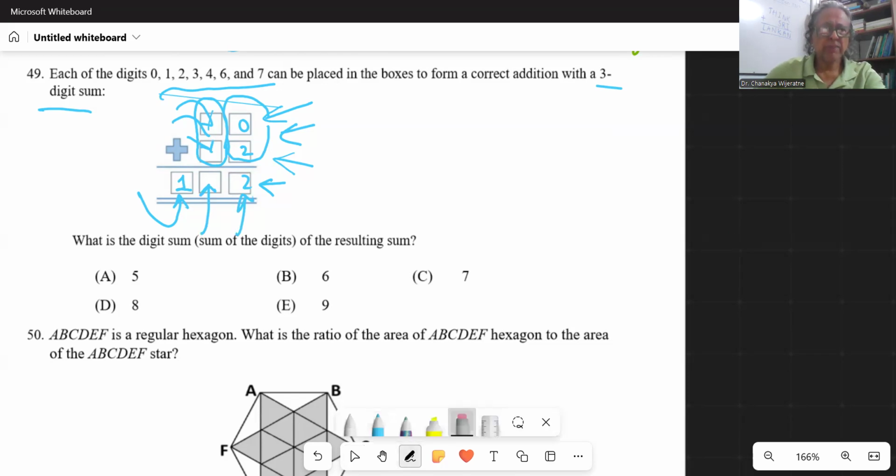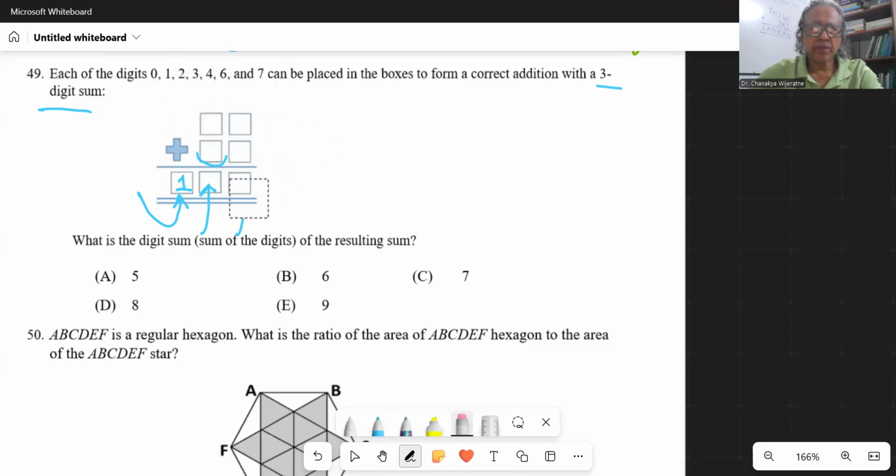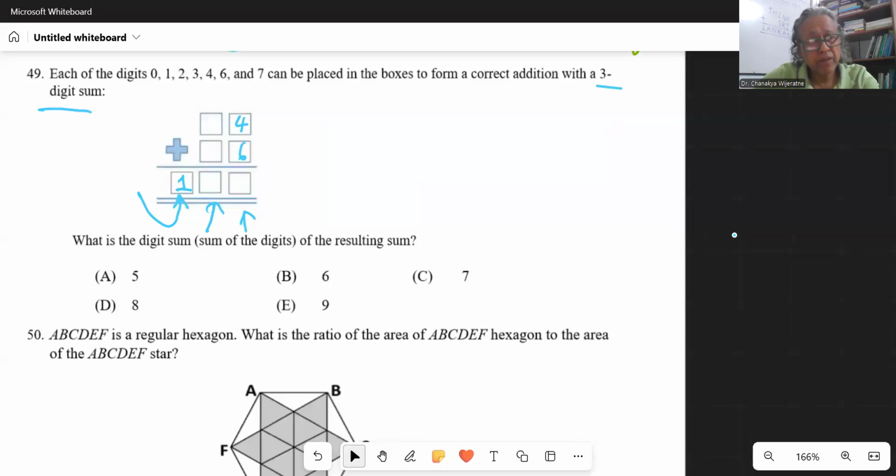I'm going to erase, right? So where can 0 be? So either it is here or here. If it is here, it has to be 4, 6 here, right?